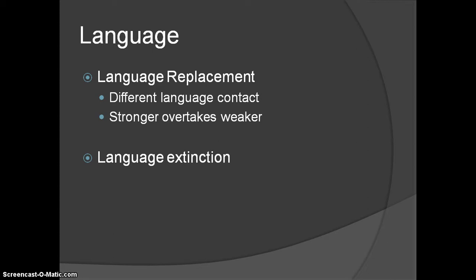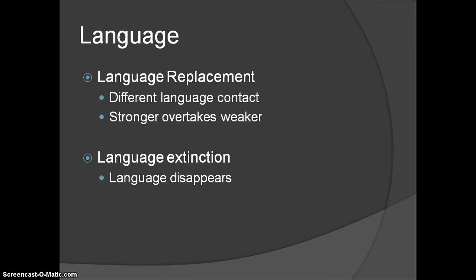Now, of course, a more complete form of language replacement would be language extinction, and we've seen over time a relatively rapid extinction of several languages over the years, because as globalization happens and as Europeans and other peoples dominated the global landscape, there's no longer a use to speak certain languages, and fewer and fewer people kept speaking particular languages.